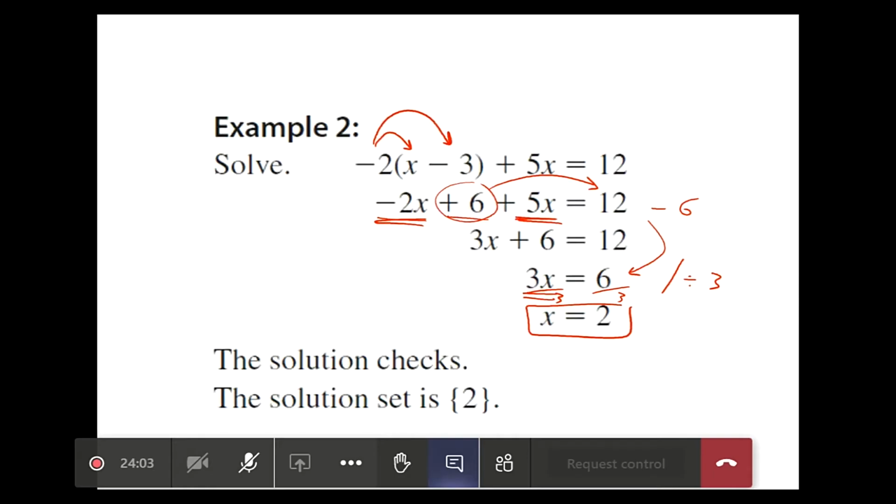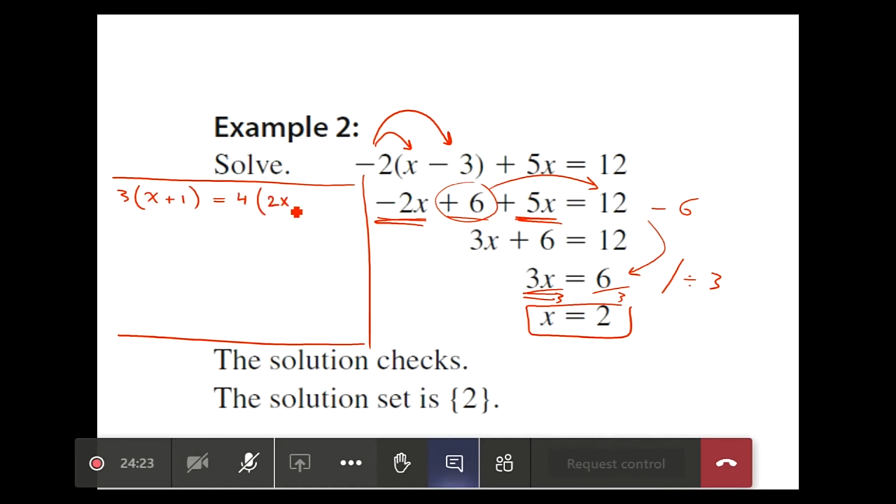Okay, another example. If we have like this: 3 multiplied by x plus 1 equals 4 multiplied by 2x minus 1 plus 2. So we have two brackets here and we need to solve the linear equation. Firstly, simplify.